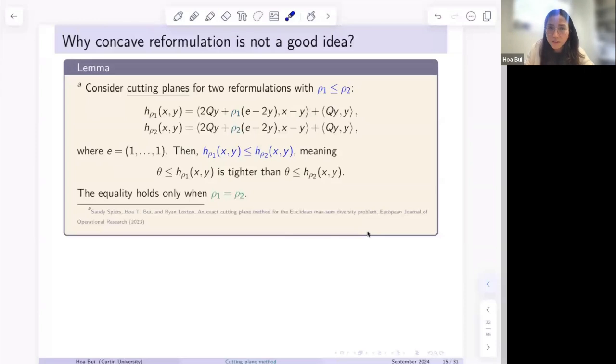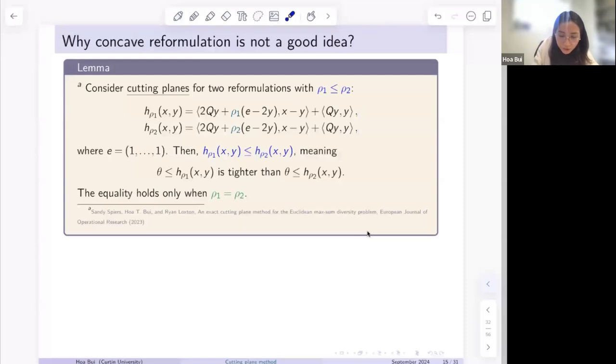To have a mathematical way to support that claim, let's look at the cutting planes generated for two reformulations with rho 1 and rho 2. So we reformulate the problem with two parameters, rho 1 and rho 2. Both of them can be positive or negative. And here are the tangent planes generated for the two models.